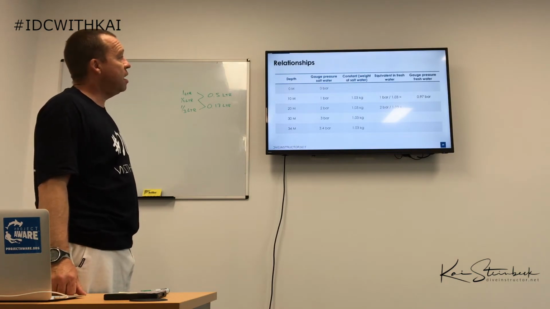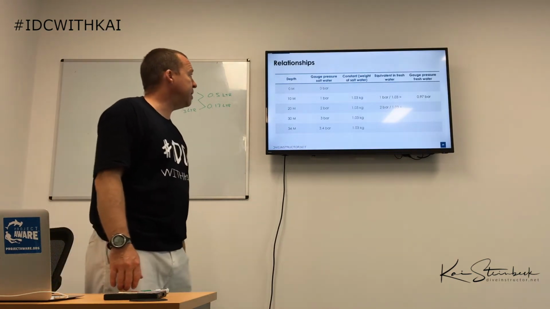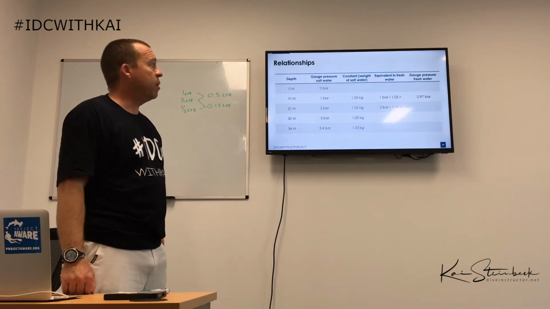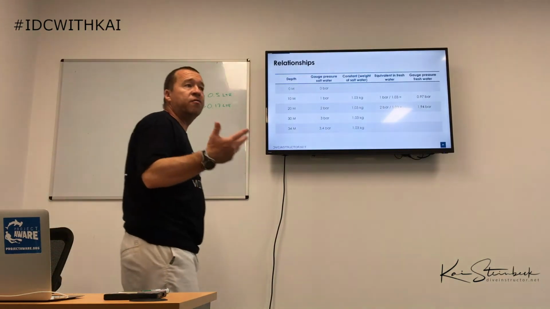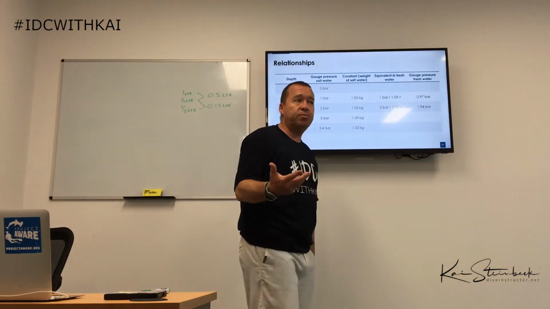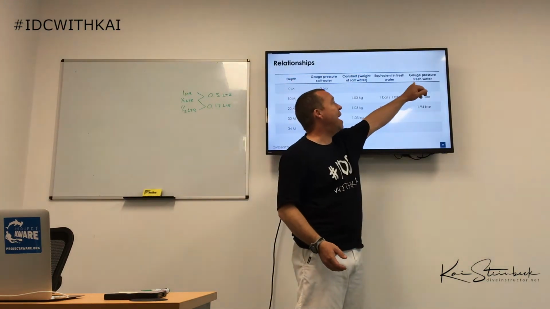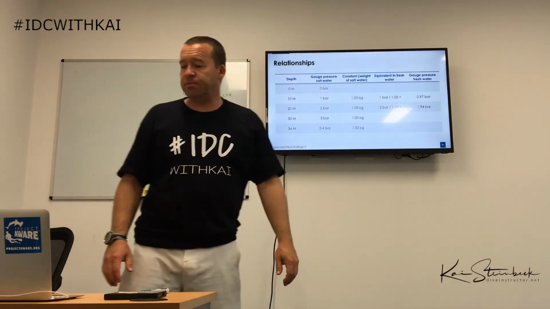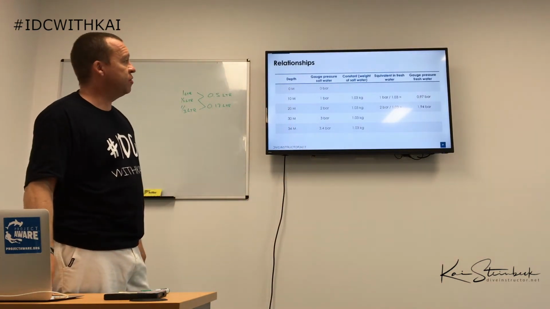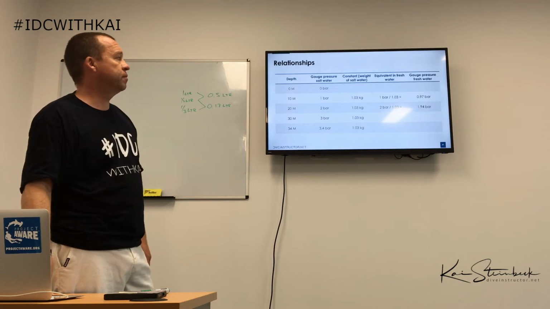So at 20 meters, I have 2 bar pressure, divided by 1.03, and that will give me 1.94. Again, if I was to look at what is the absolute pressure here, I would have to add 1 bar for the atmospheric pressure to the gauge pressure in order to work that out. So there we have 2.94.